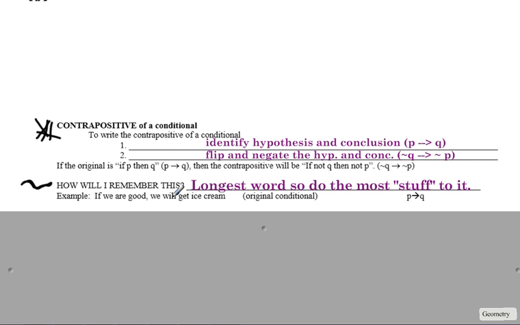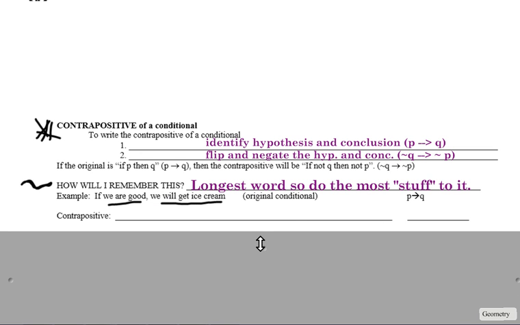Okay, so let's take a look at an example. Remember, our original conditional is always if P then Q. So that's still our hypothesis. This is still our conclusion. So let's go ahead and take the contrapositive of that. So we want to flip our hypothesis and our conclusion and negate our hypothesis and our conclusion.